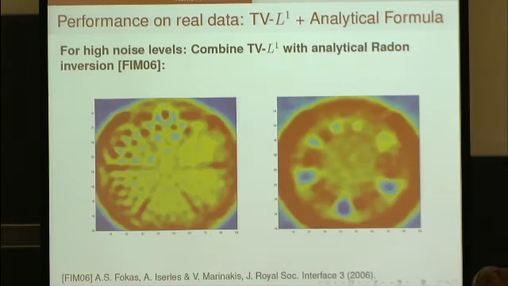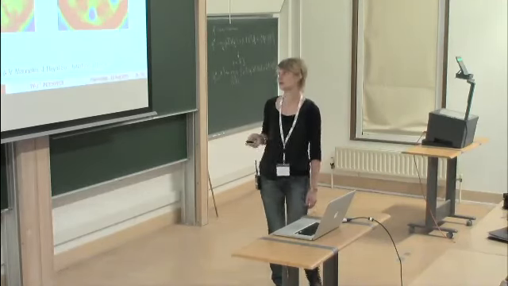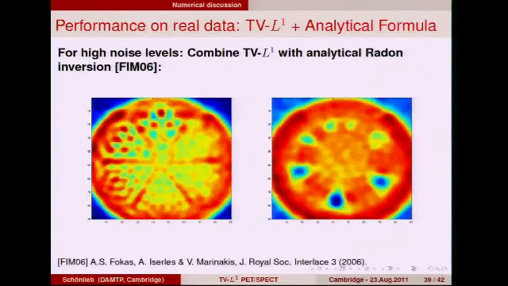I'm not going to talk about this, but I think Paolo is going to talk about this on Thursday a little bit more. The key point is that a combination of accurately inverting the Radon transform and regularizing in the right way, both in image and measurement space, you can actually get very, very nice results.